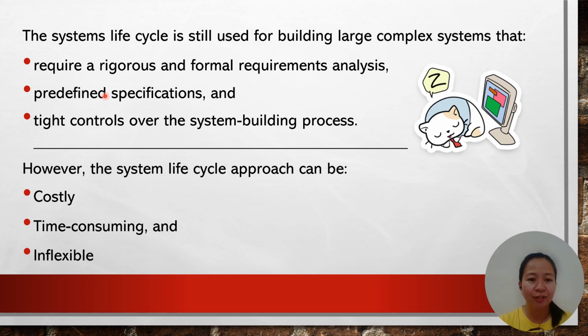The system life cycle is still used for building large complex systems that require a rigorous and formal requirements analysis, predefined specifications, and tight controls over the system building process. However, the disadvantages of this approach are that it can be costly, time-consuming, and inflexible.